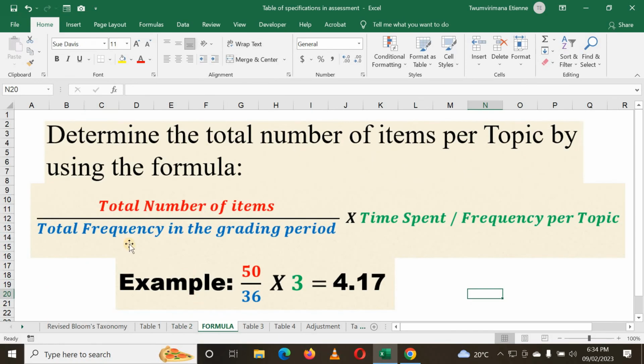Let's keep on going here. Now divide by the total frequency in the grading period. The total frequency in the grading period. You see here, this is the number of items times the time spent, periods, over the total frequency.